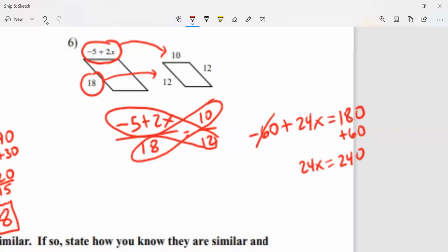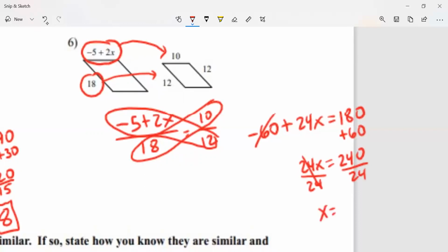To get the x by itself, let me divide both sides by 24. So I get the x by itself. 240 divided by 24. Use a calculator if you need to. 240 divided by 24 is equal to 10. So x is equal to 10. And again, you don't have to type in x equals, just 10.